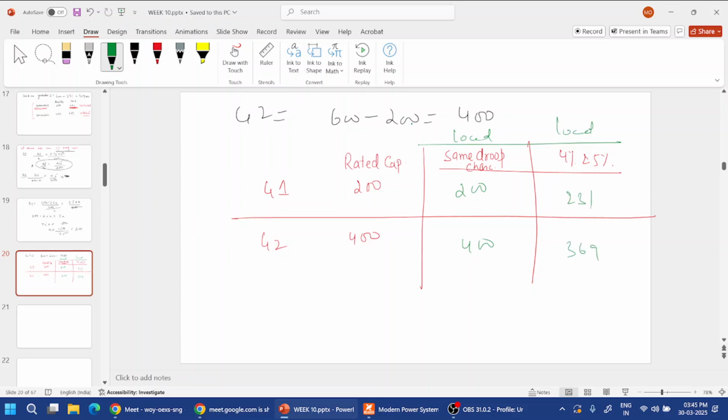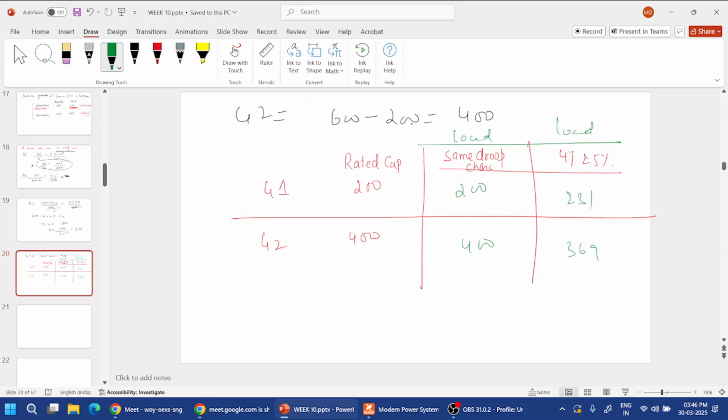So what it shows here, it concludes that if we operate the generators in parallel, if their group characteristics are same, then the load will be shared based upon their rated capacity.